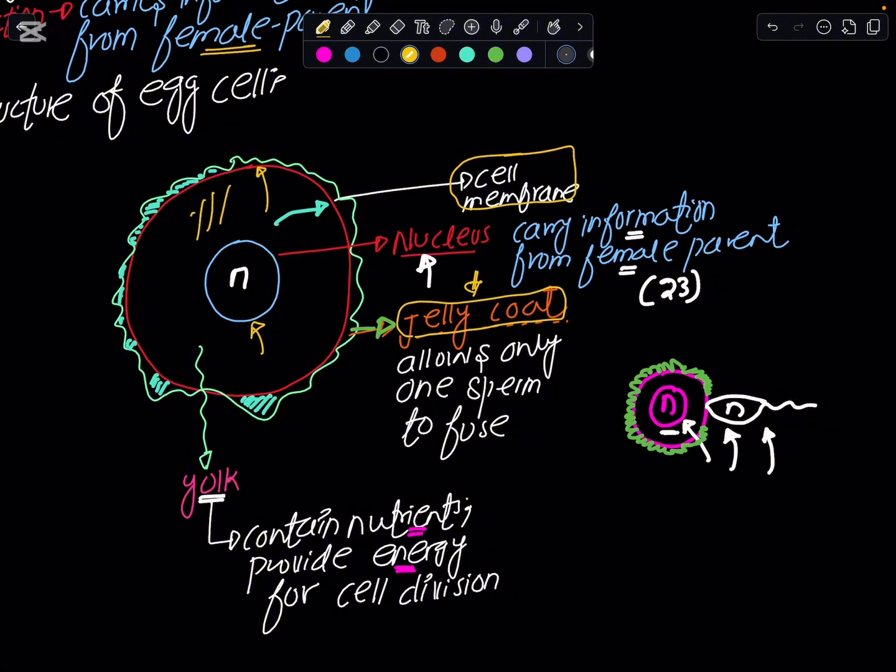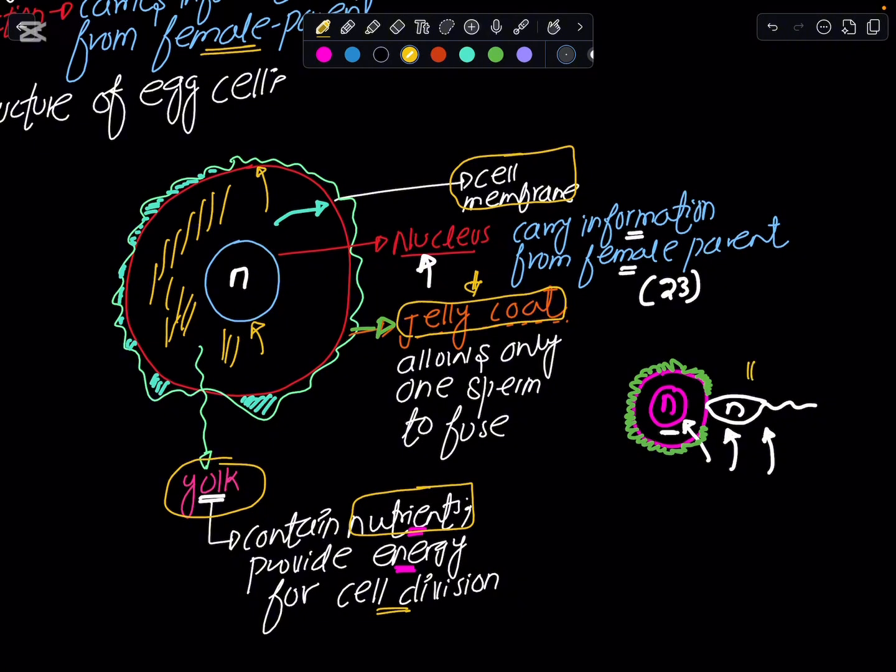Then we have the cytoplasm of the egg cell, and the cytoplasm would contain yolk in it. You people may eat egg cells at breakfast, and you would see that the yellowish part of the egg is yolk. Likewise in the female, we again have the yolk, and this yolk possesses some of the nutrients that are mandatory for the cell divisions.